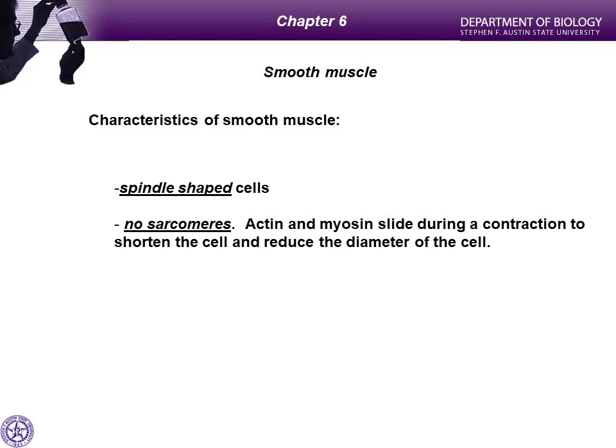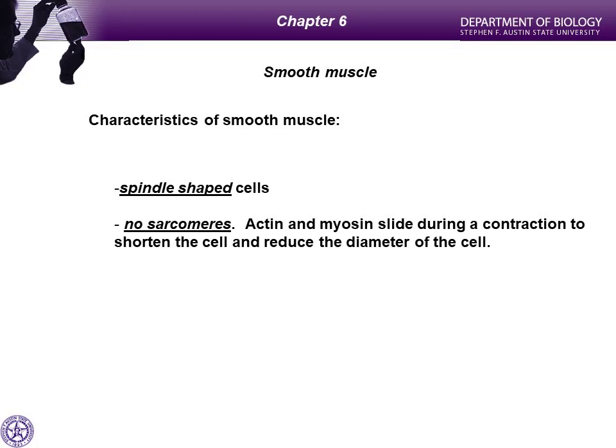And about a third of the class will say, no, it doesn't contain DNA. Well, you can't be living if you don't have DNA or RNA. The only difference is you don't have the nuclear membrane. Well, it's sort of the same thing here. Just because you have no sarcomeres doesn't mean you don't have the contractile proteins, because you're still muscle, you still have to contract. Now, I'm sort of beating that point hard, but it's a place where students have gotten tripped up in the past, and I want to make sure that you don't miss that.